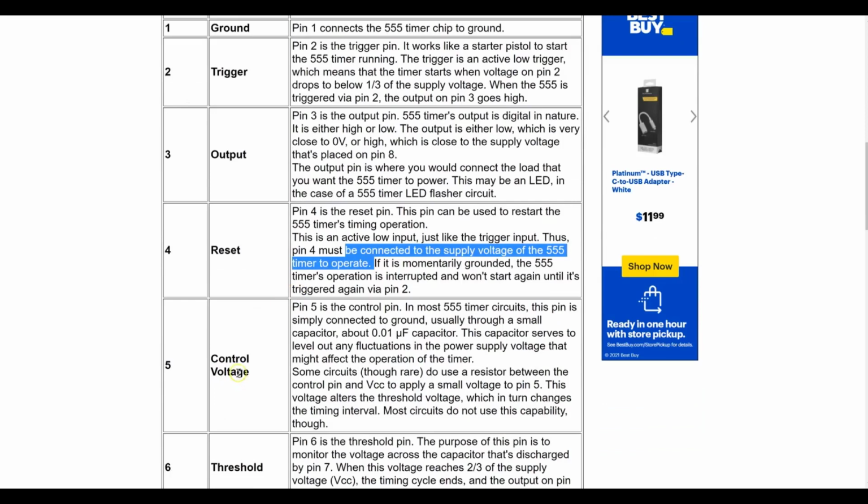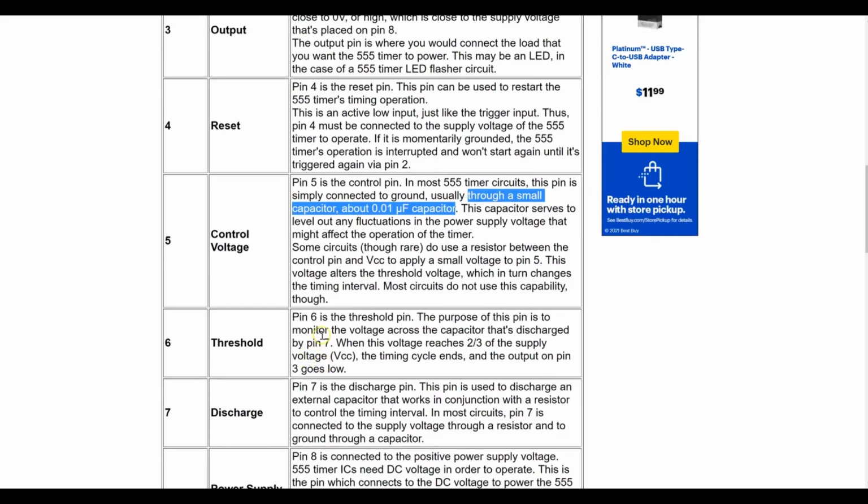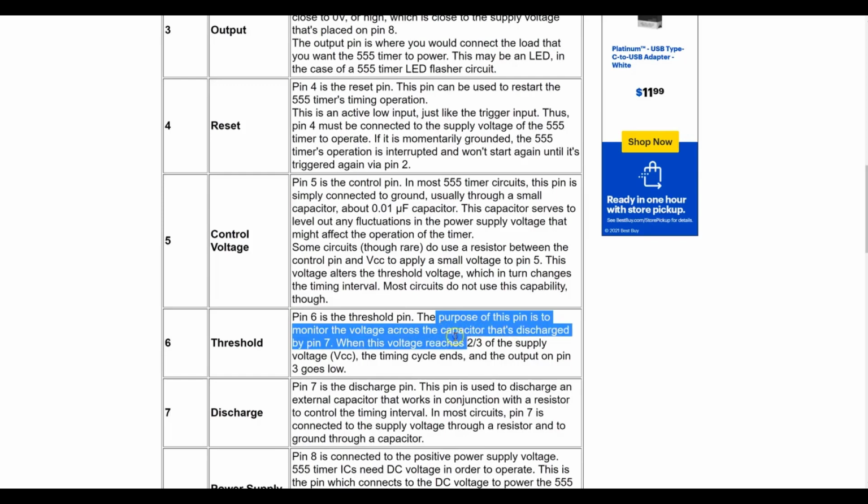Pin number 5 is the control voltage. In this example, we are simply not going to use it. In many circuits, you either leave it disconnected or connect it to ground, usually through a small capacitor, but we are not going to use that pin. Pin number 6 is the threshold; its purpose is to monitor the voltage across the capacitor that is discharged by pin number 7.